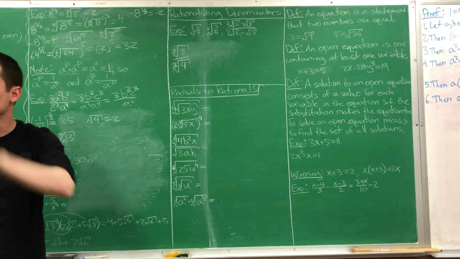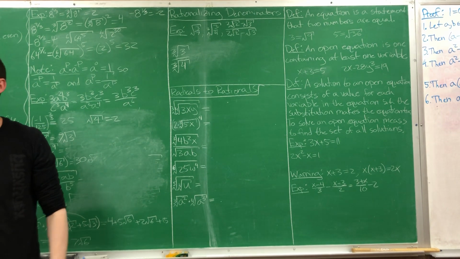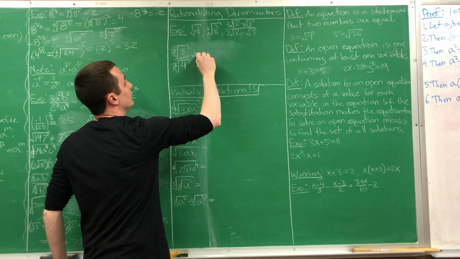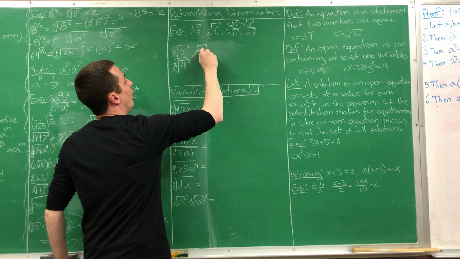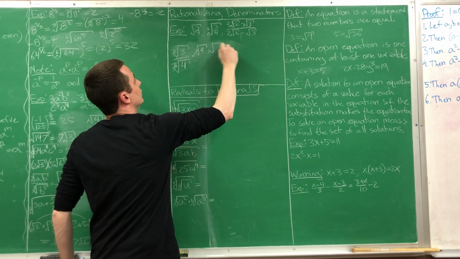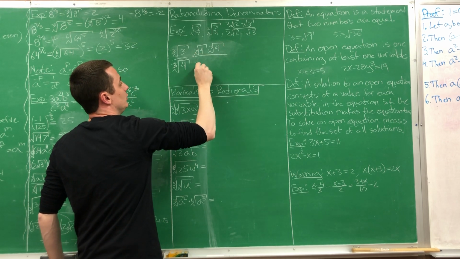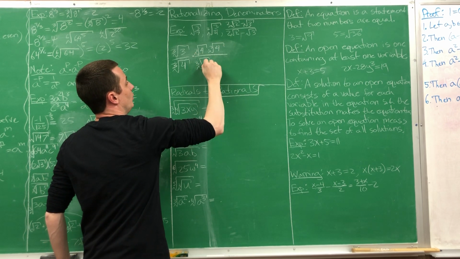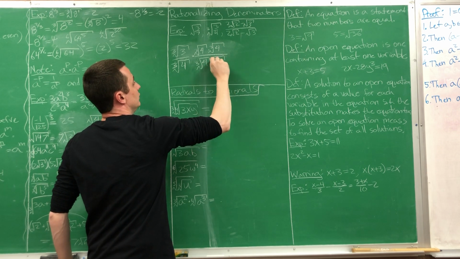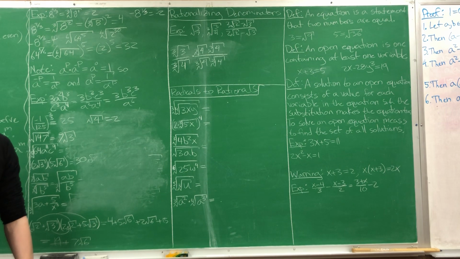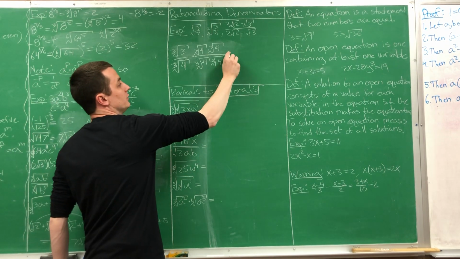Yeah, because we need 3 of them to get 4. So to be super explicit, we need to multiply by the cubed root of 4 times the cubed root of 4 all over the cubed root of 4 times the cubed root of 4, right? So we're multiplying by 1 still.